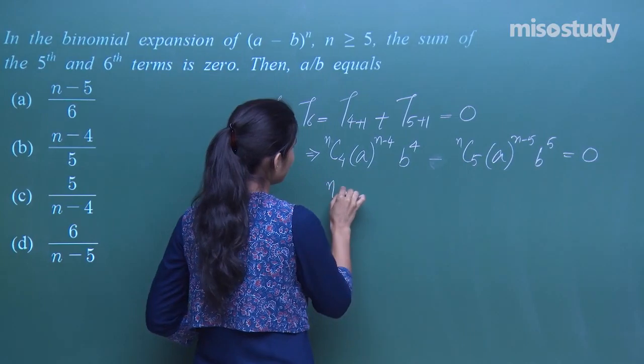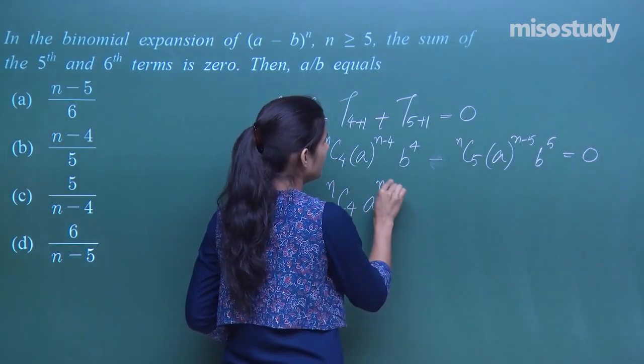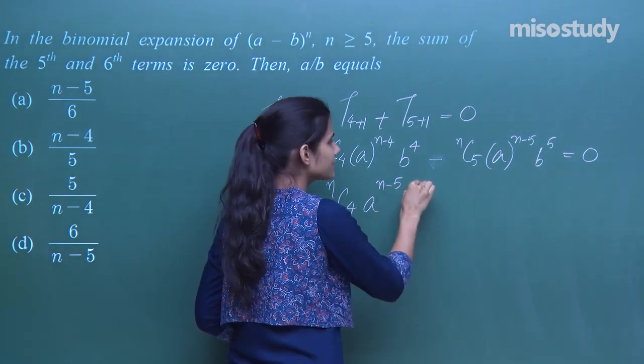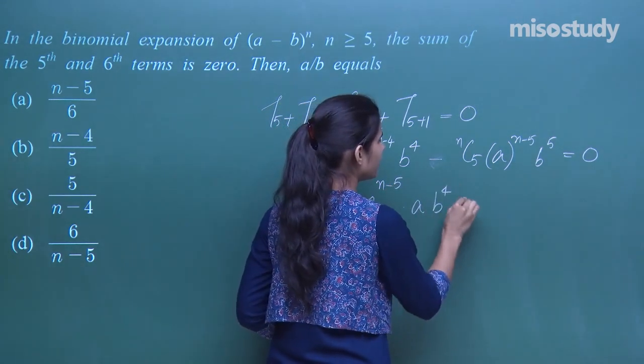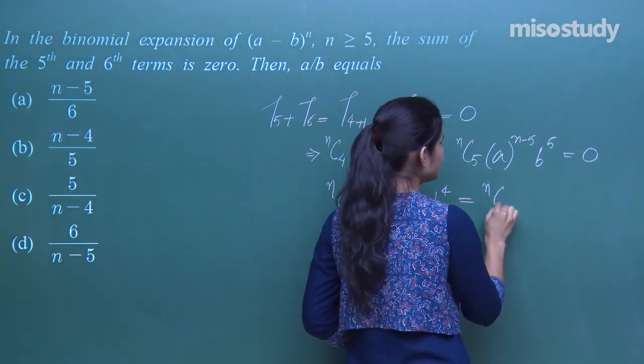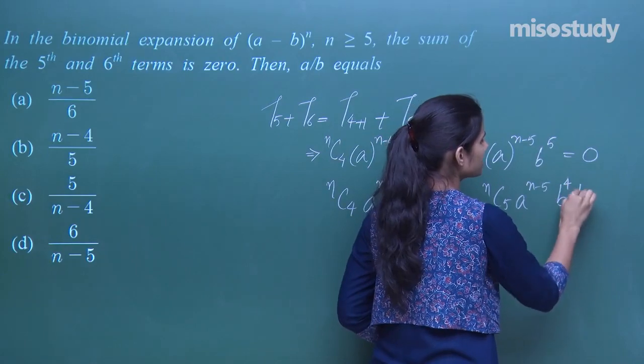Now I can write this as nC4 a to the power n minus 5 plus 1. Plus 1 is going to give me a to the power 1 over here, and this is b to the power 4, equal to nC5 a to the power n minus 5 b to the power 4 plus 1.